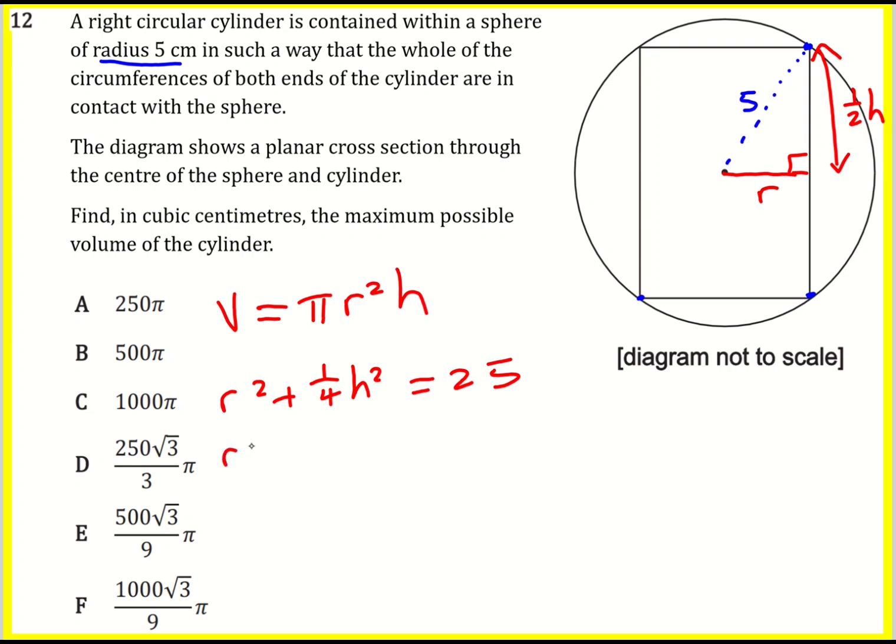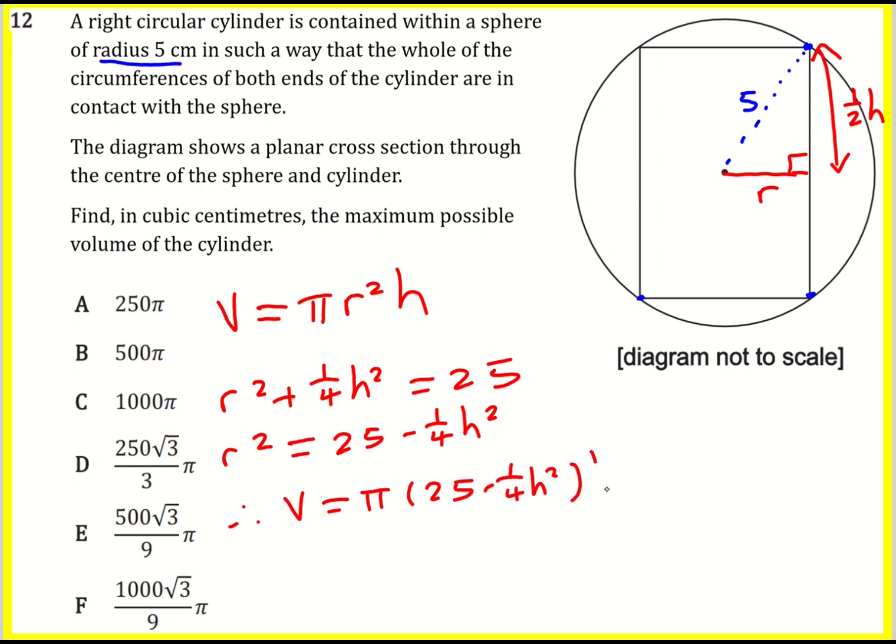So I decided to make r squared the subject and substitute in for that. r squared is 25 minus a quarter h squared. So therefore, V equals pi times 25 minus a quarter h squared, times h. Brilliant. That becomes 25 pi h minus a quarter pi h cubed.